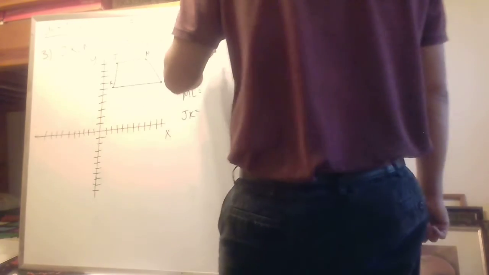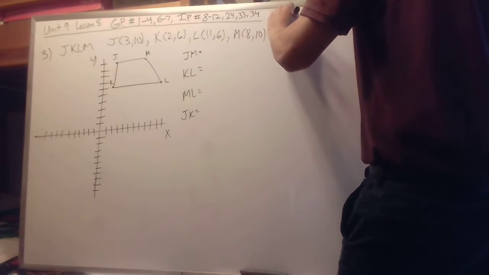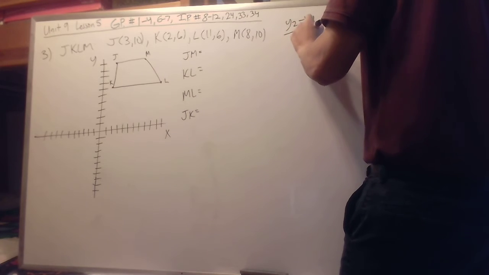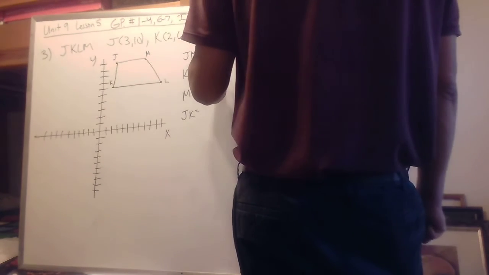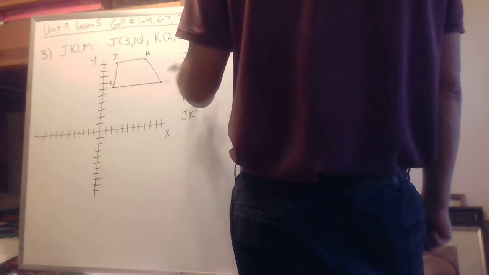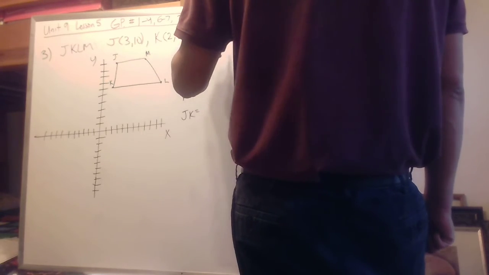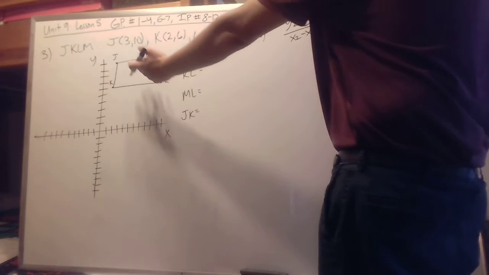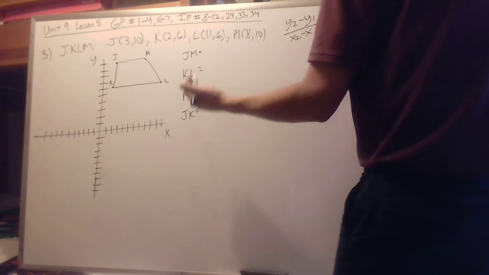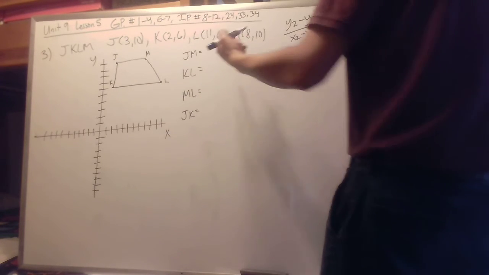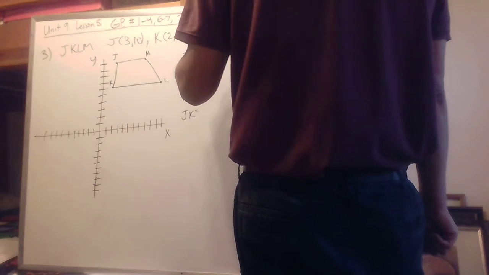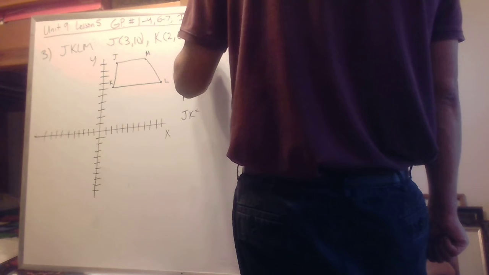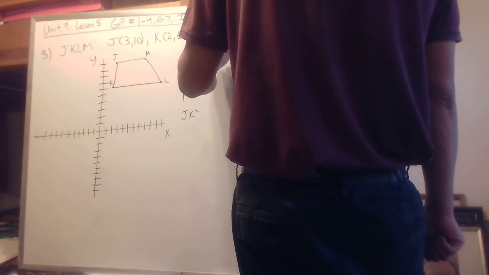All right, so the slope formula, I'm just going to write up here, is y2 minus y1 over x2 minus x1. So we're going to do that for the sides of whatever quadrilateral we're looking at right now. J's point is at (3, 10), and M is at (8, 10).